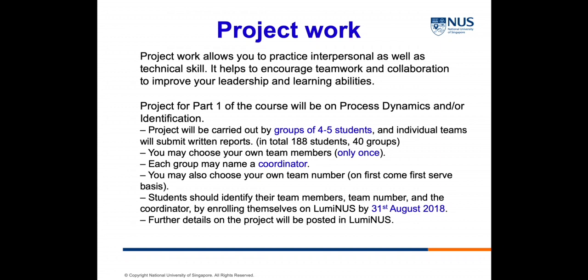You should be able to find your team members before the 31st of August, 2020. Now it's 2020 already, right? If you cannot find your team members properly, I will assign you just after the deadline. Okay, so further details will be posted later.